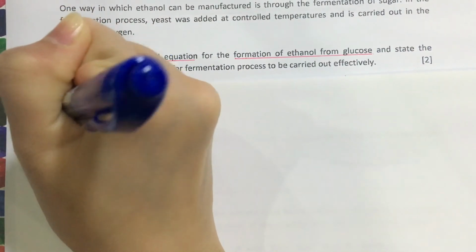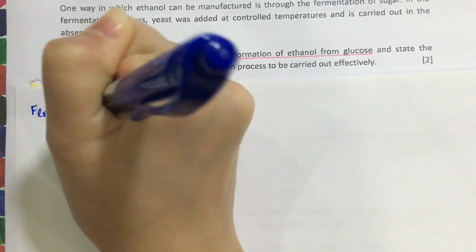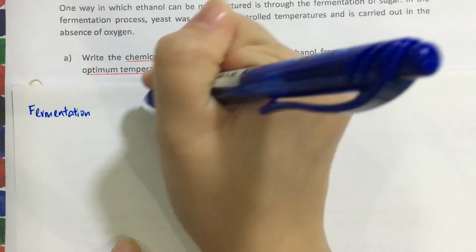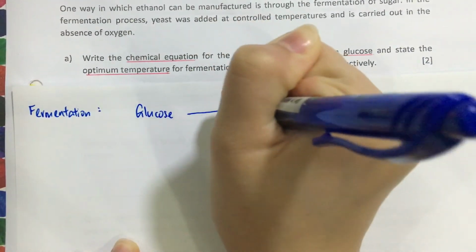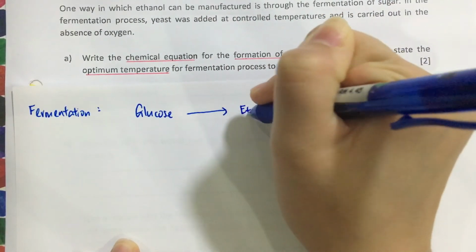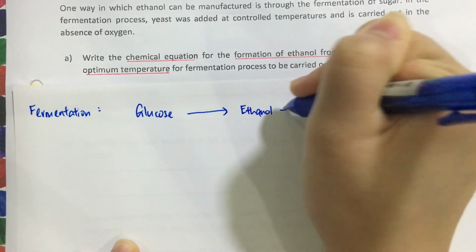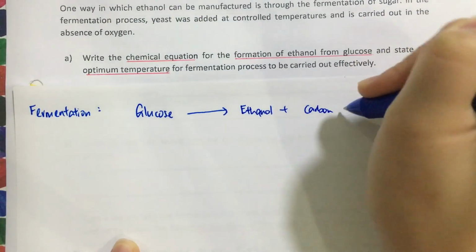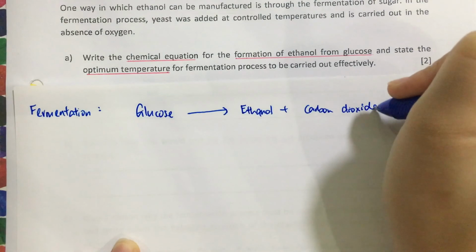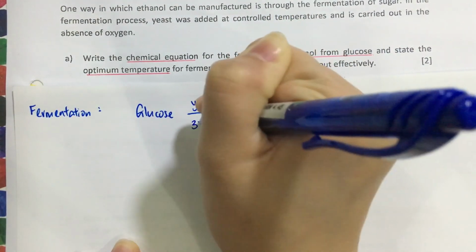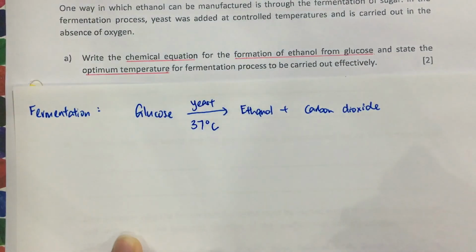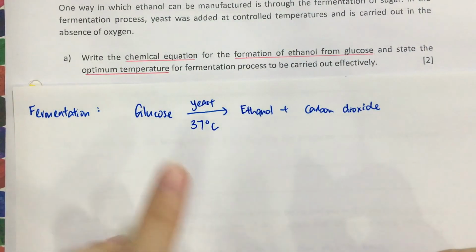Before we write that out, you must first know what fermentation is. Fermentation is our glucose becoming our ethanol and our carbon dioxide in the presence of yeast, and it has to be at a temperature of 37 degrees Celsius. Okay, so now we know the temperature.